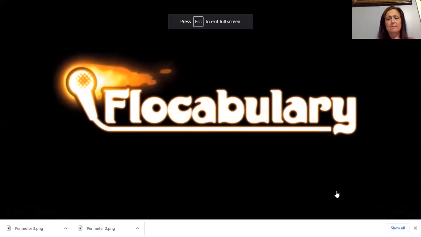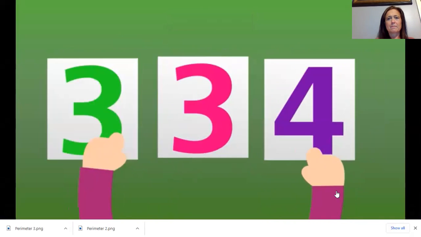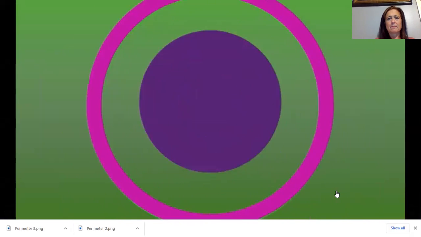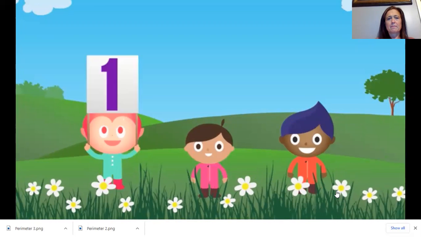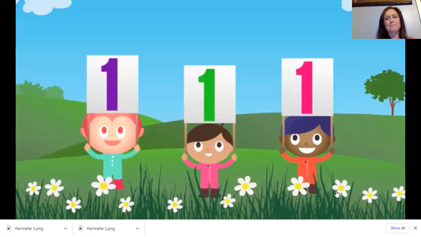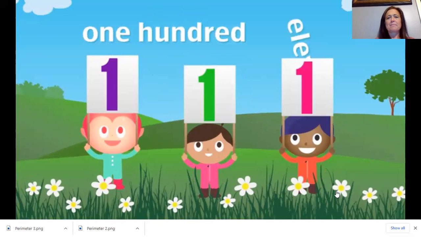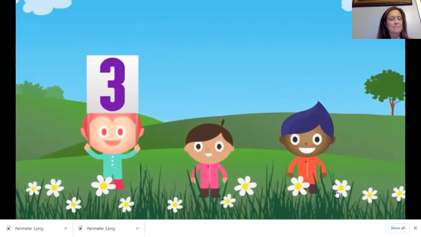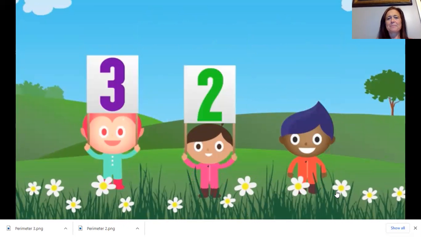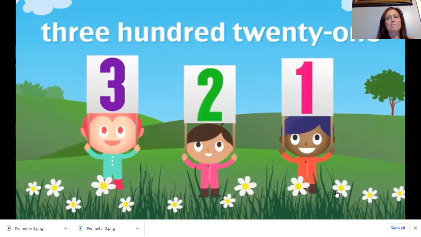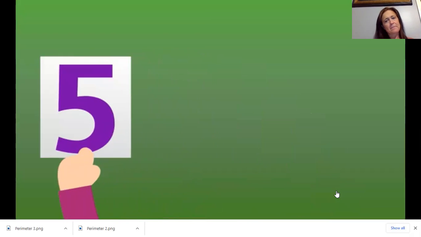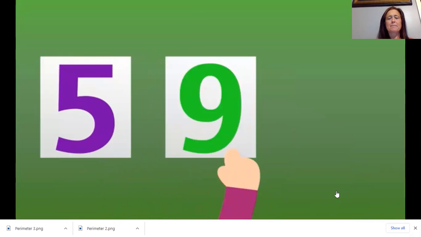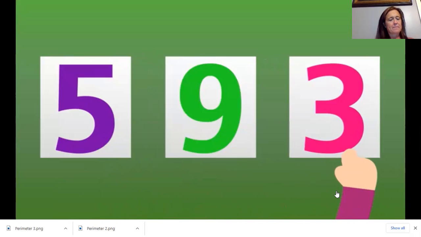FlowCAD. You know, numbers change when you move them around. Listen, you could have a 1 in the hundreds place, and a 1 in the tens place, and a 1 in the ones place. That's 111. You could have a 3 in the hundreds place, and a 2 in the tens place, and a 1 in the ones place. That's 321. Yeah. You could have a 5 in the hundreds place, and a 9 in the tens place, and a 3 in the ones place.